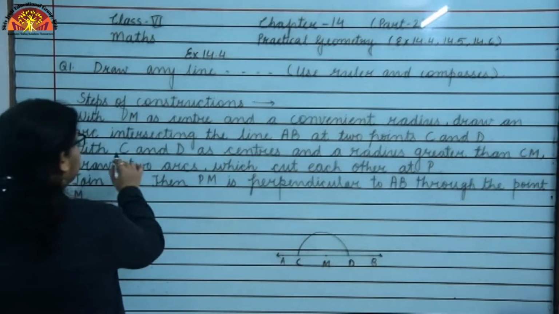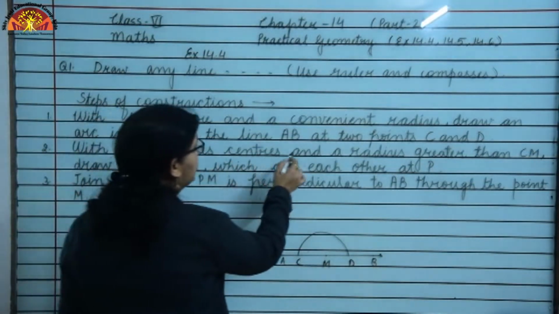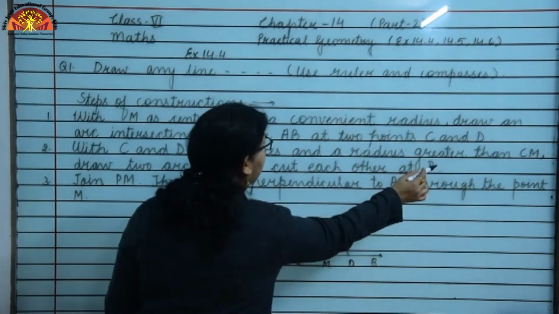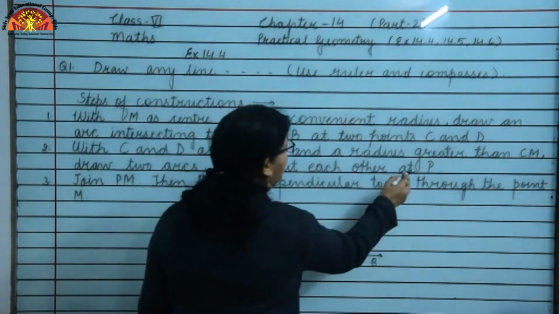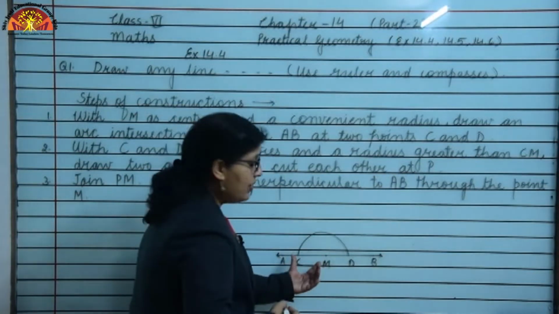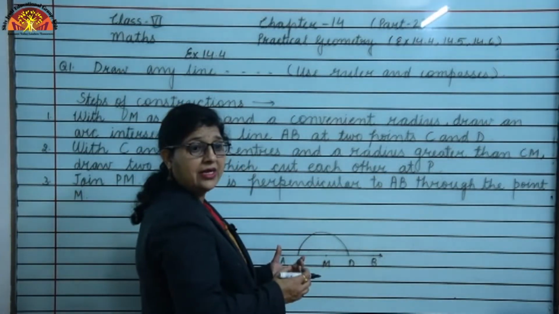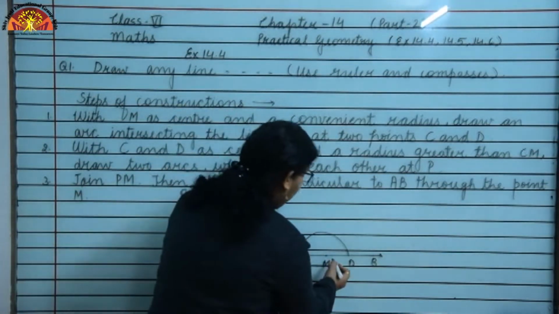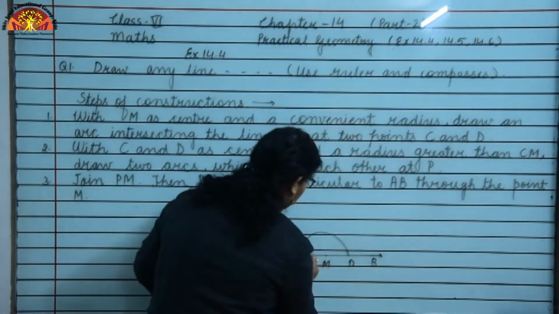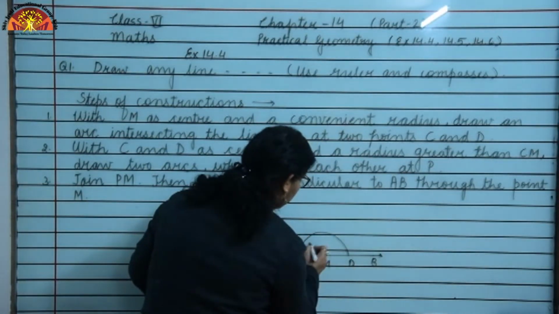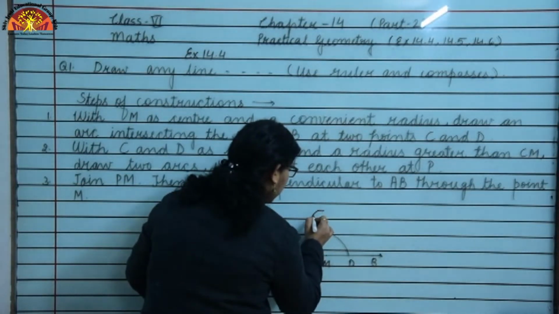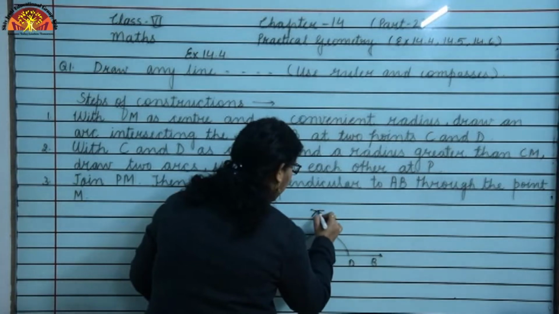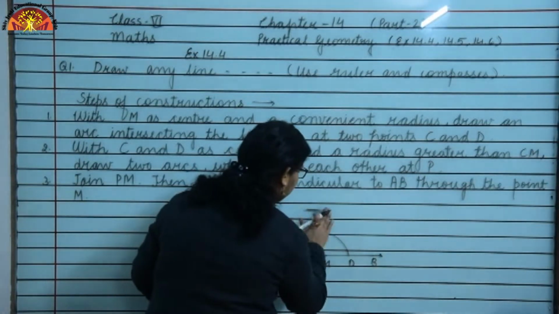With C and D as centers and a radius greater than CM, draw two arcs which cut each other at P. So, we open a compass greater than CM and mark two arcs from C and D like that with the same radius which intersect each other at point P.